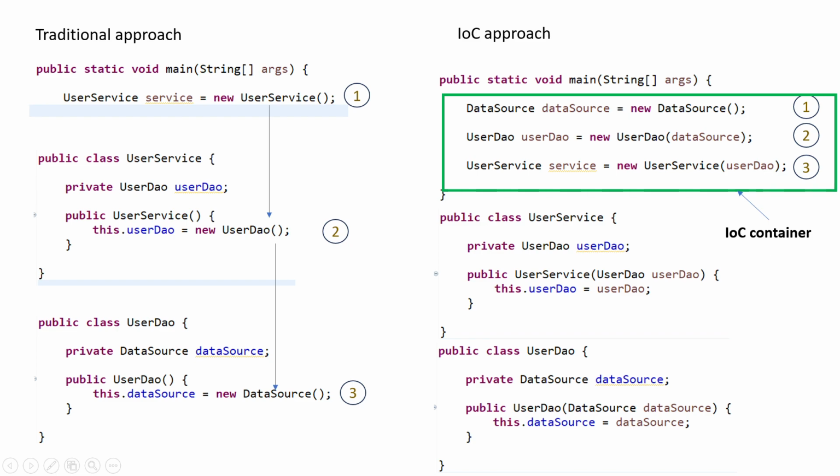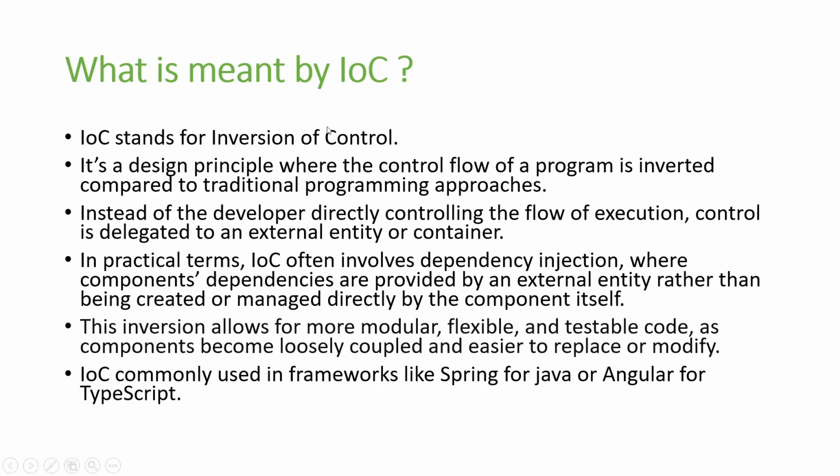Now we will just go through some points. What is meant by IoC? IoC stands for inversion of control. Basically it's a design principle where the control flow of a program is inverted compared to traditional programming approaches. Instead of the developer directly controlling the flow of execution, control is delegated to an external entity or container.